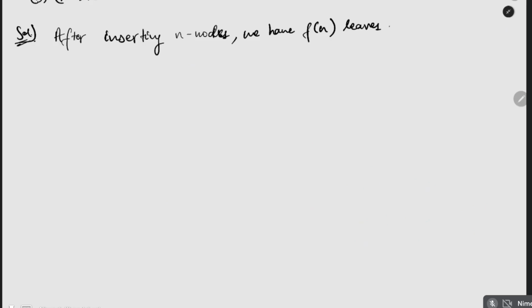And of course we have f of 1 as 1, because for one node there is only one leaf, that is the node itself.